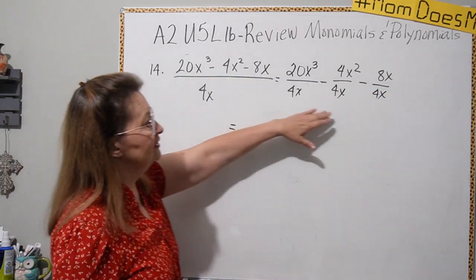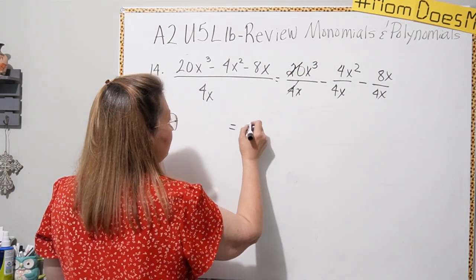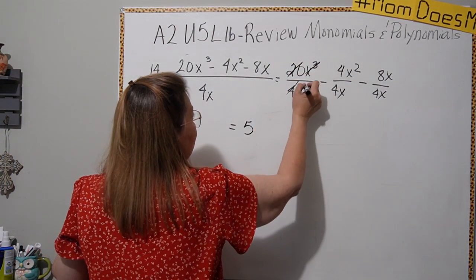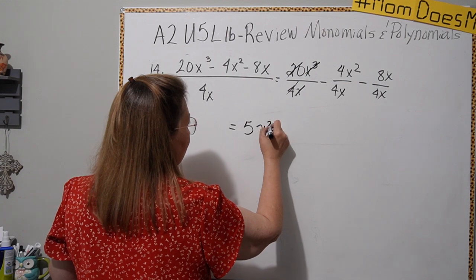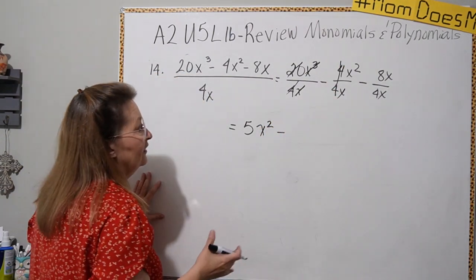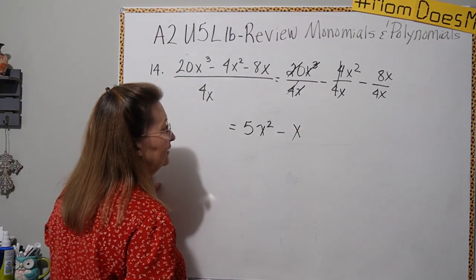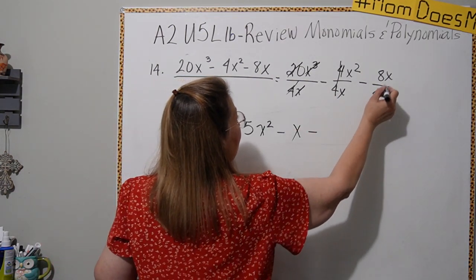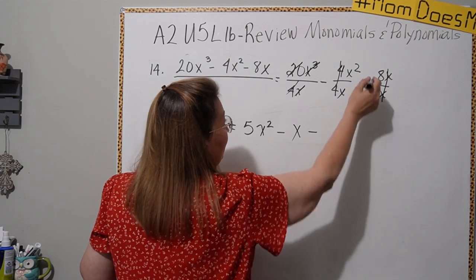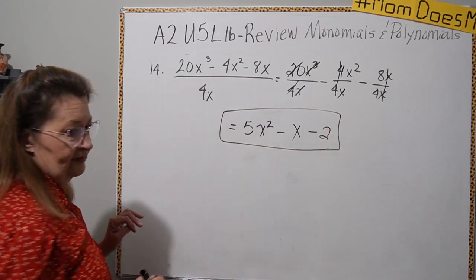Okay, now I just have three simple fractions to reduce. 20 over 4 is 5. X to the third over x is x squared. Right here, the 4's cancel out, that's 1. X squared over x is just x. And then over here, the x's cancel out, and 8 over 4 is 2. It's as easy as that.